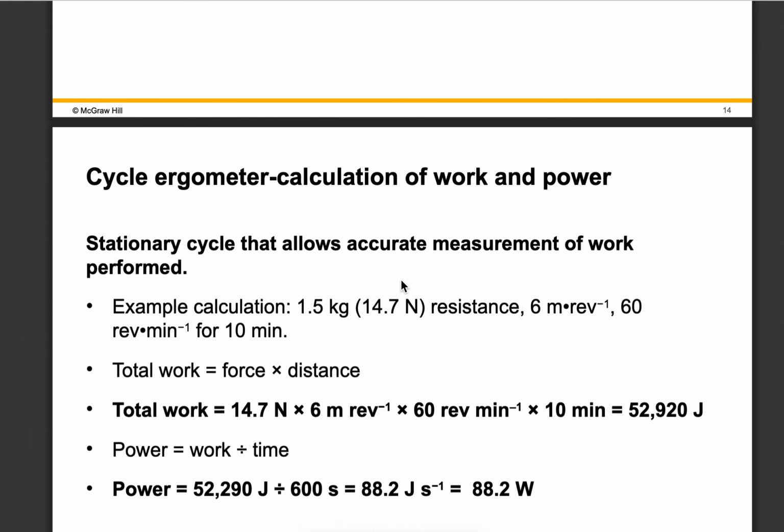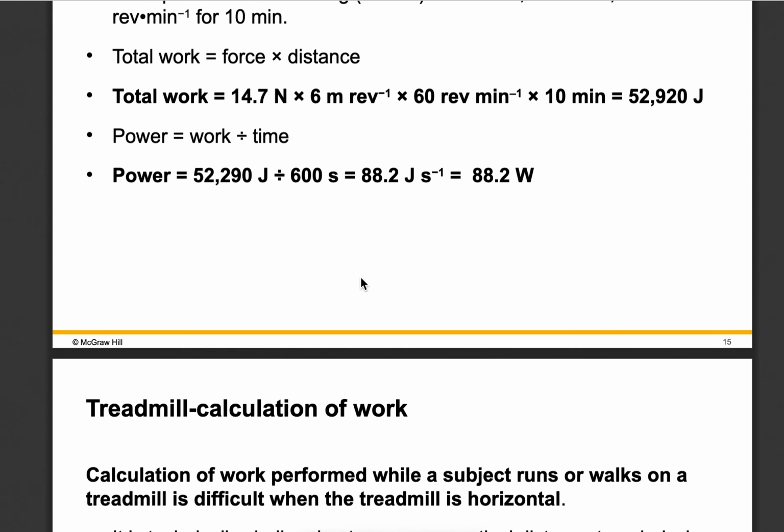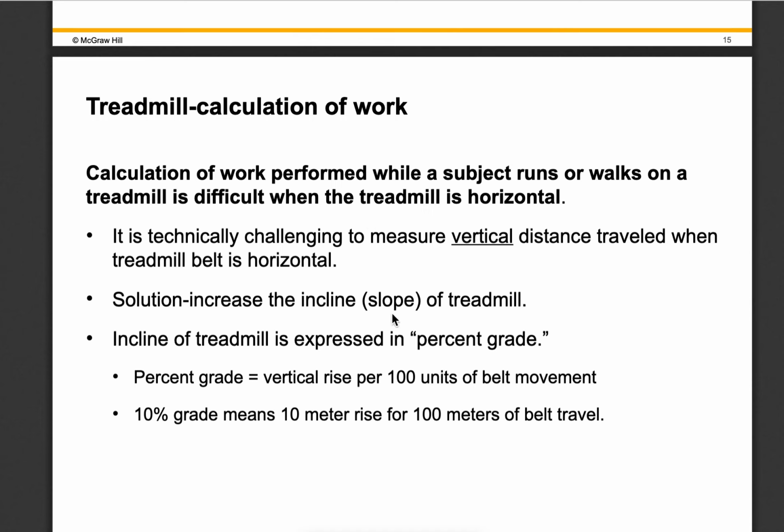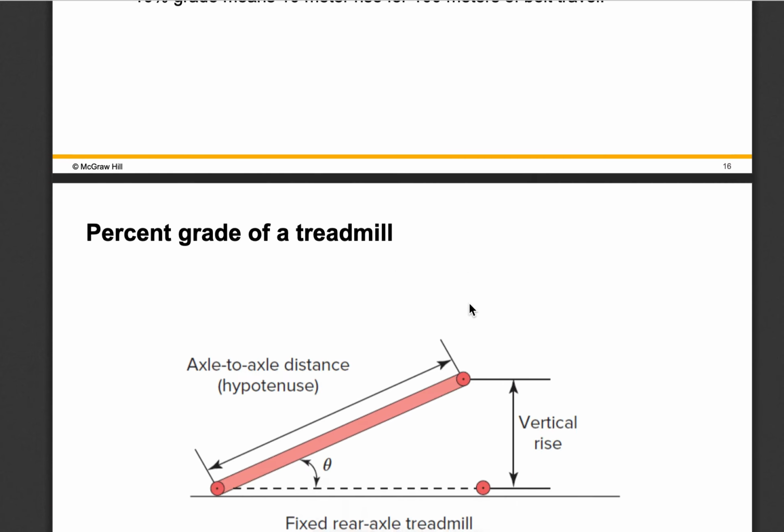And it walks you through things like a cycle ergometer, so a bike. It walks you through treadmill calculations and the fact that the grade or the incline matters, and how fast it's going. So a lot goes into that.